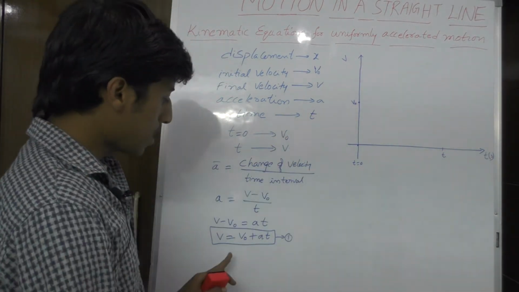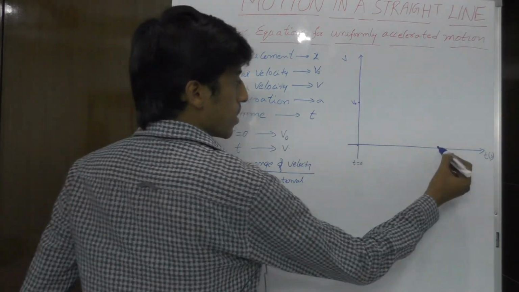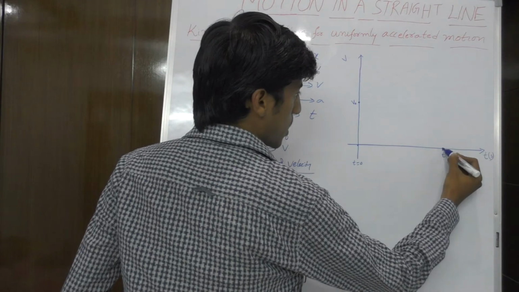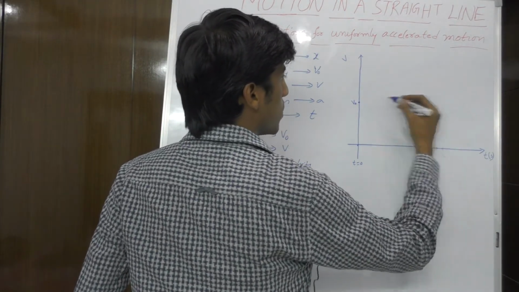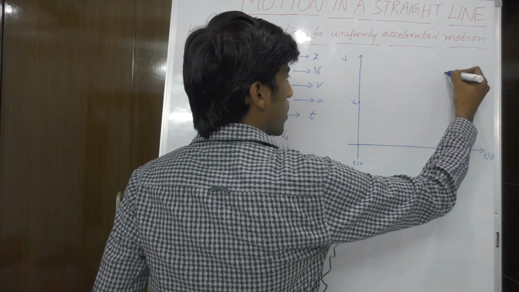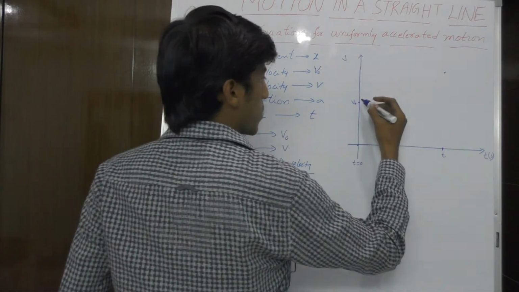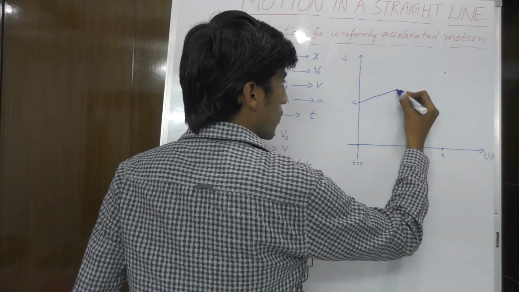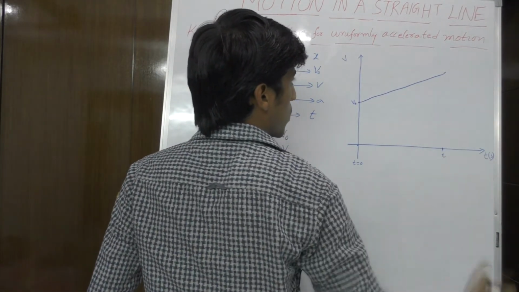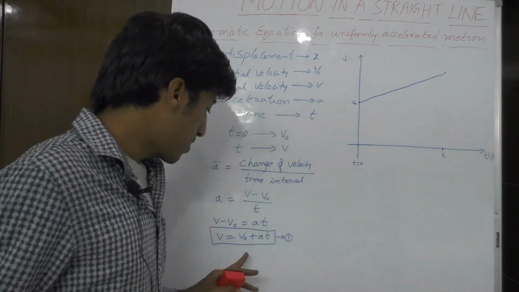The value of v is nothing but v0 plus at. So I will plot this point v0 plus at at t seconds. It will be somewhat higher. Let us join these 2 points. So this is the graph which represents this particular equation.